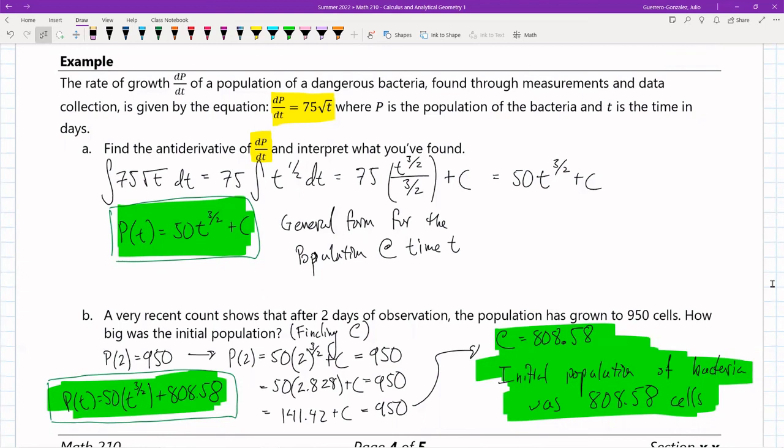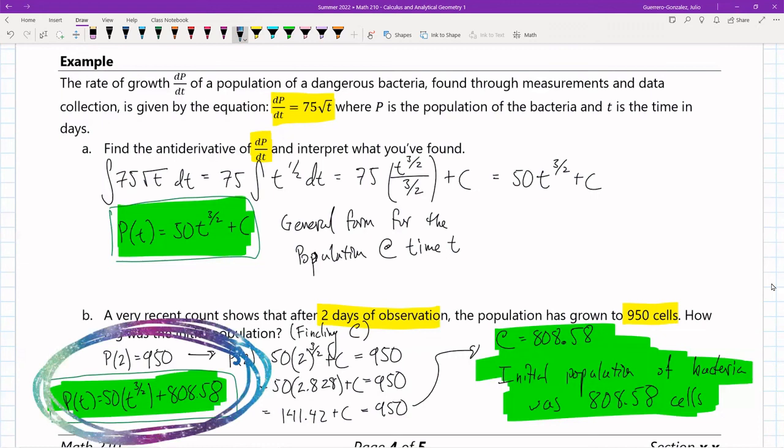We just needed how quickly it was growing, and a point much later. Specifically, we just needed the point that after 2 days of observation, 950 cells were present. From those two things alone, we were able to reverse engineer an equation that modeled the growth, and moreover, it gave us the initial population.